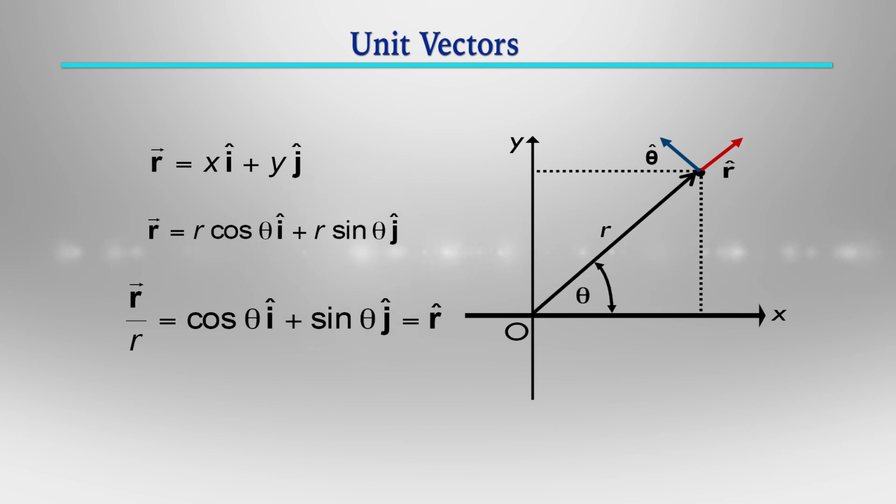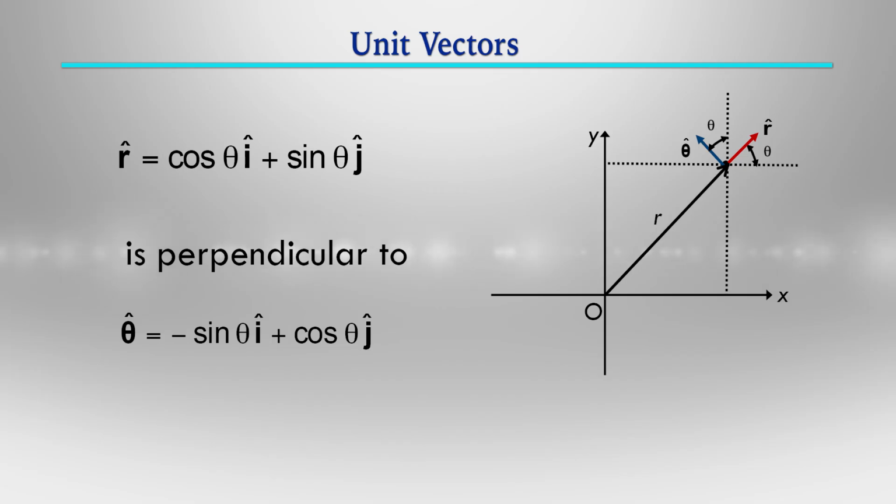So, what have we done here? We have expressed the unit radial vector in terms of the Cartesian unit vectors i cap and j cap. Now, you can work out for yourself that a unit vector perpendicular to the unit radial vector is given by minus sin theta i cap plus cos theta j cap, and this is how we define the unit vector in the direction of increasing theta.